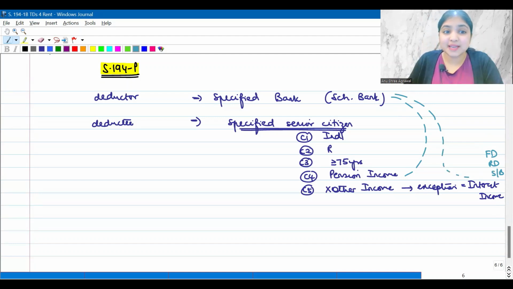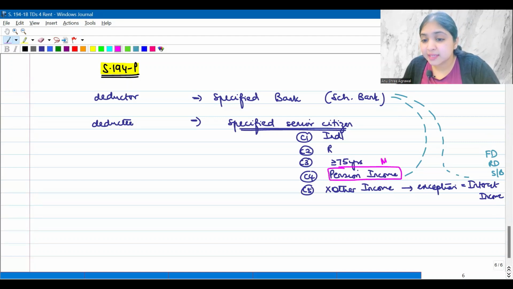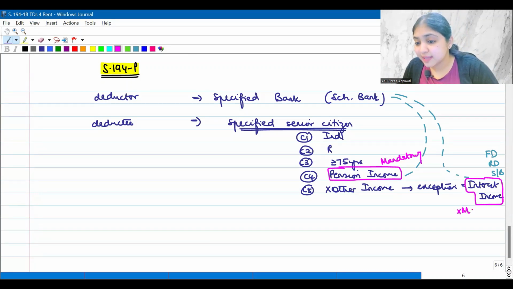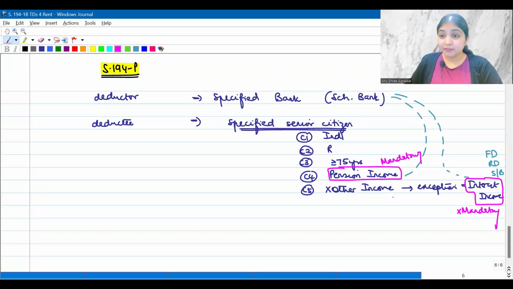Do not misunderstand this. Pension income is mandatory. The assessee must be having pension income. But interest income is not mandatory. I said that the specified senior citizen should not have any other income. If at all he has any other income, at the maximum it can be only interest income.